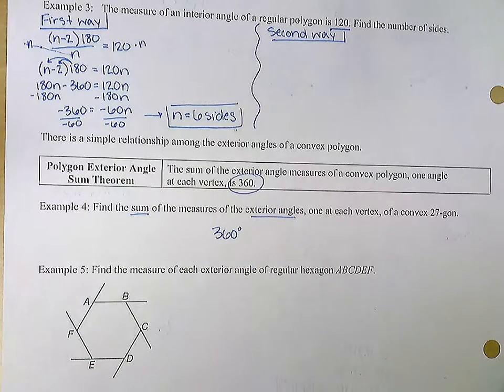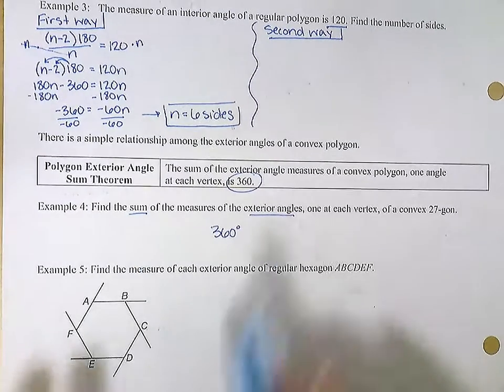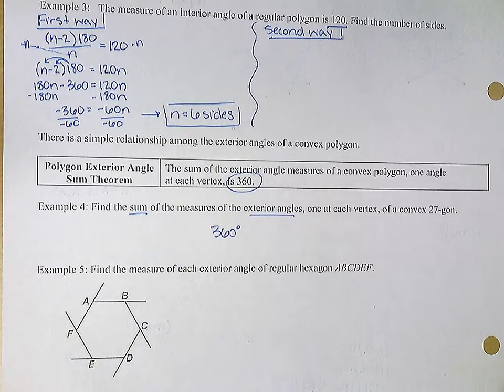No work involved. It's just 360. Okay, this is why you need to pick out the pieces of your problem. So if it said sum of the interior angles, that would be different. You'd have to use your formula from the front. But since it says exterior angles, it's always 360.